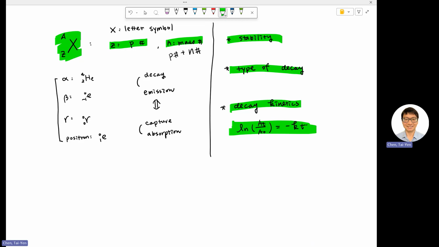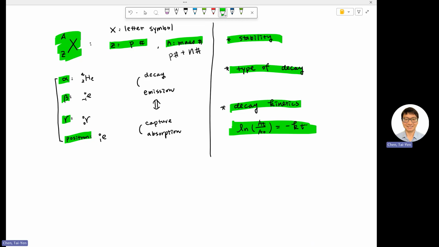Talking about decay, first we should know a few specific particles. I'll write down these particles here: alpha, beta, gamma, and positron. Every time you hear the term alpha particle, atomic symbol wise, it means helium-4 with atomic number 2. The mass number is 4, and you have two protons and two neutrons.